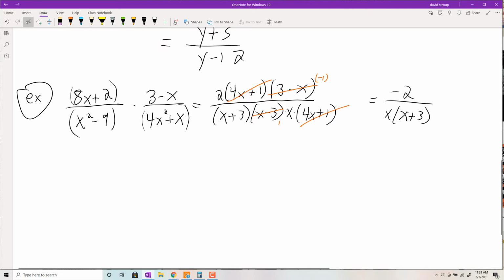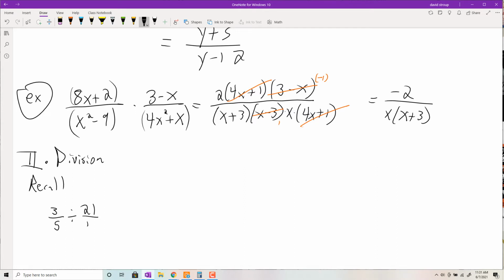So, okay, the division turns out to not be all that big of a deal once you master multiplication. There's just one extra step, right? So recall doing something like maybe 3/5 divided by 21/10.